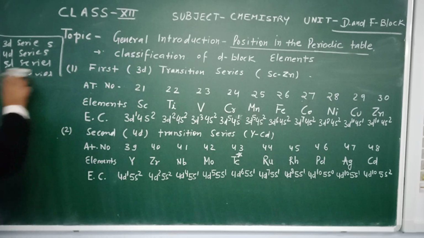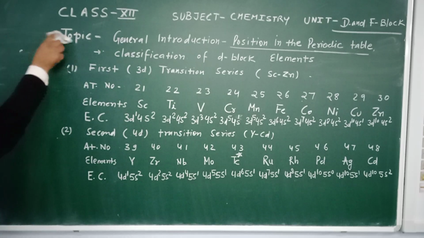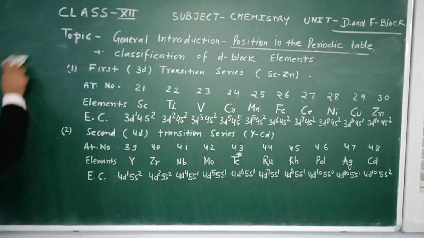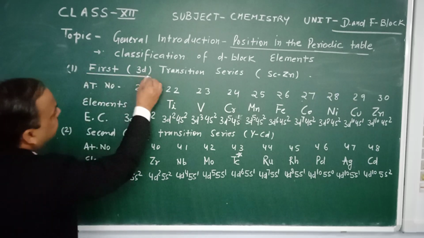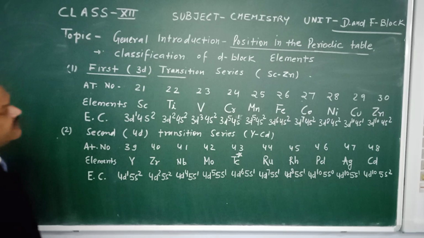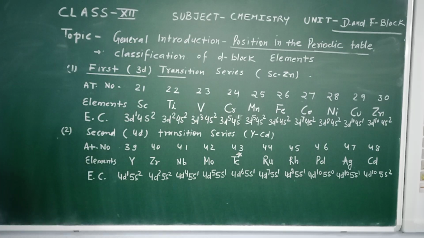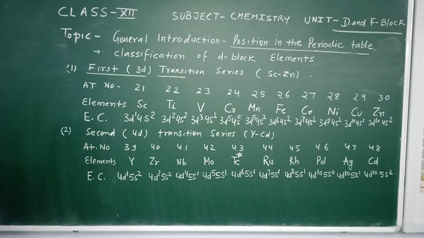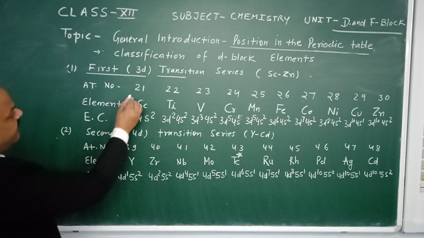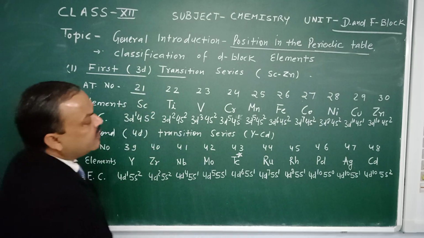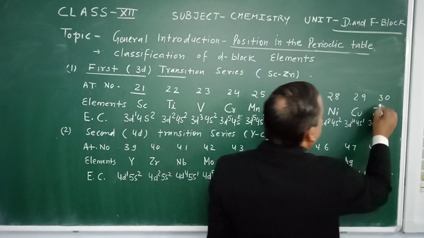The first 3d series, which is the first transition series, starts from group number 4, period number 4. We have atomic number 21 to atomic number 30.